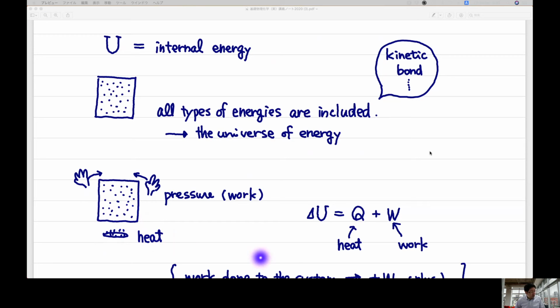The change of internal energy can be expressed by large Q plus large W. Large Q means the heat, this one, and large W means the work, like pressure, okay?